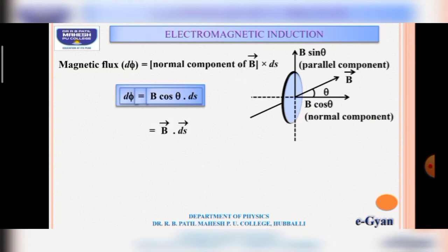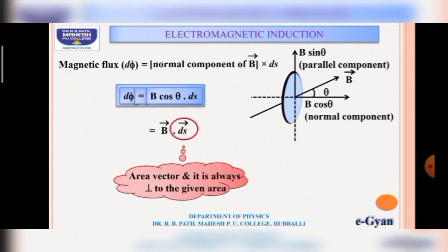And this I can write as vector B dot vector dS. Here vector dS represents the area vector, which is perpendicular to the surface. This is the expression for magnetic flux, and this expression is for a small surface area.